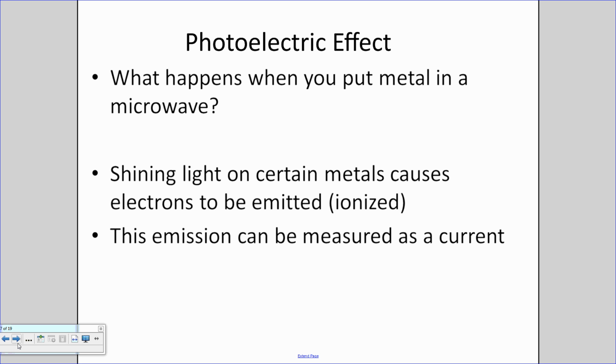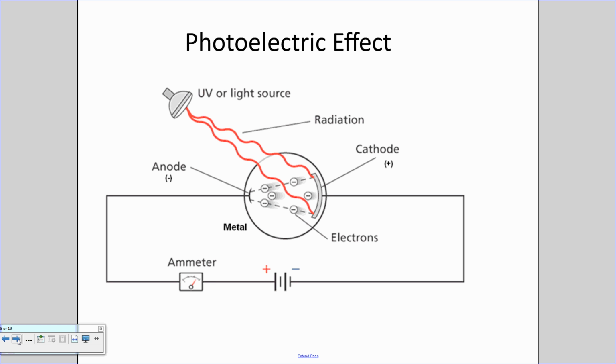You see it at a less spectacular level when you deal with solar power. Solar power has light shining down on a panel of some sort of material, and that light hits the electrons and causes them to bounce off and basically creates an electric current.